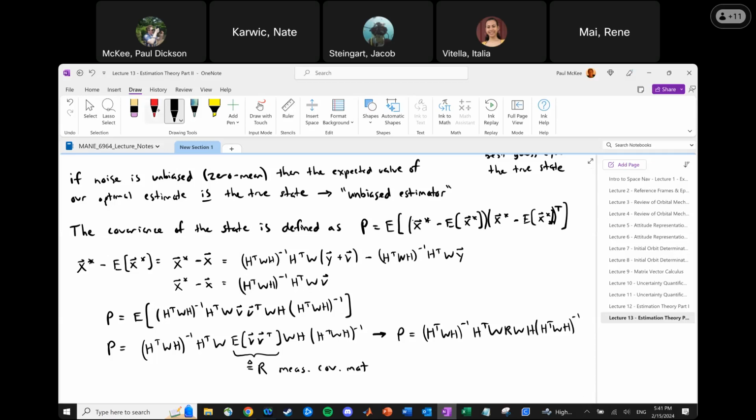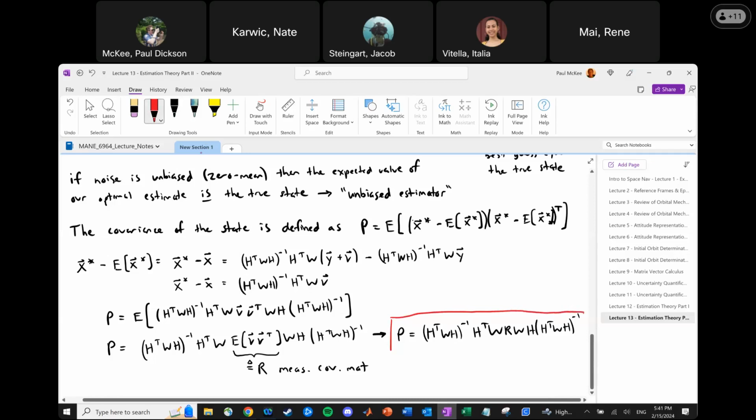And this is our weighted least squares covariance equation. You'll notice that it has nothing to do with the state. You don't need to know the state to know how certain or uncertain you are. You need to know things about your measurement sensitivity matrix. You need to know things about the mathematical model that you're using to estimate your state. But this is our weighted least squares covariance equation.